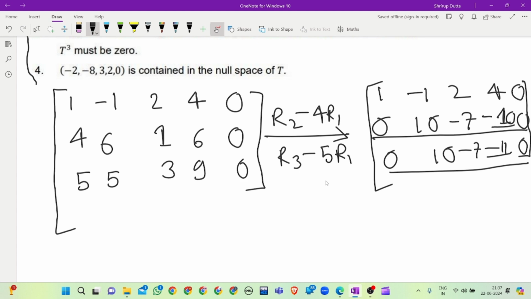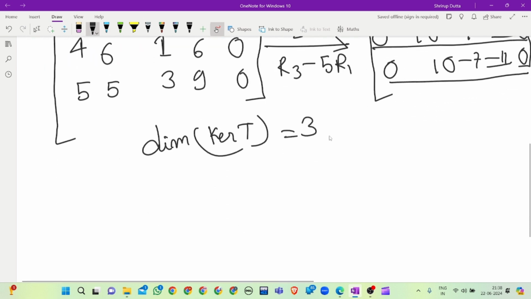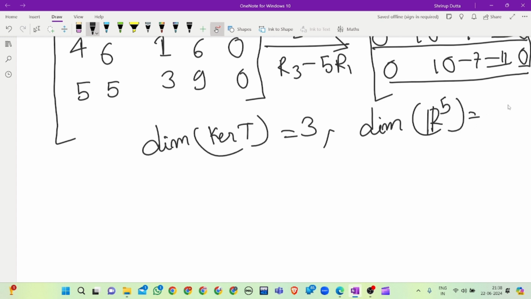So the dimension of the kernel of T equals 3 because 3 vectors span it, and the dimension of the 5-dimensional real vector space over the real field is 5.